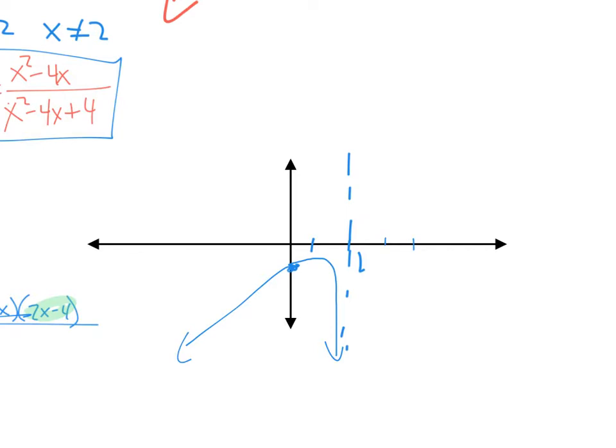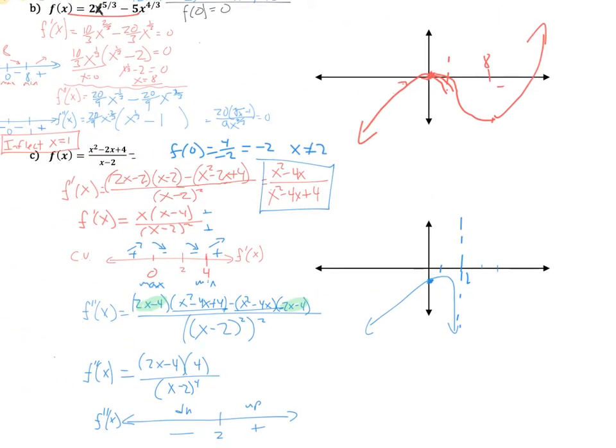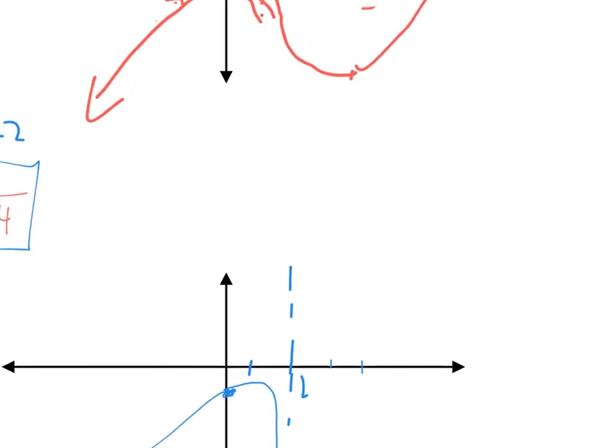or even quickly consider if there is a 0. Look at the top over here, we've got x squared minus 2x plus 4, so we might say, well, does x squared minus 2x plus 4 ever equal 0?